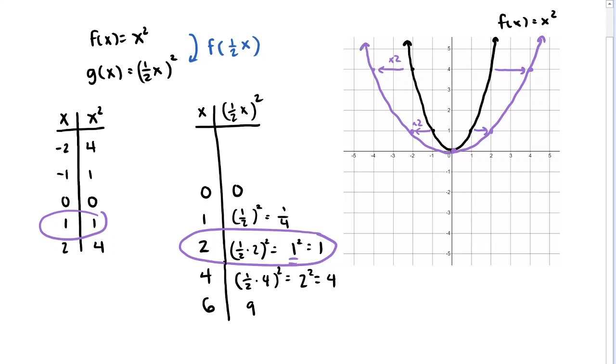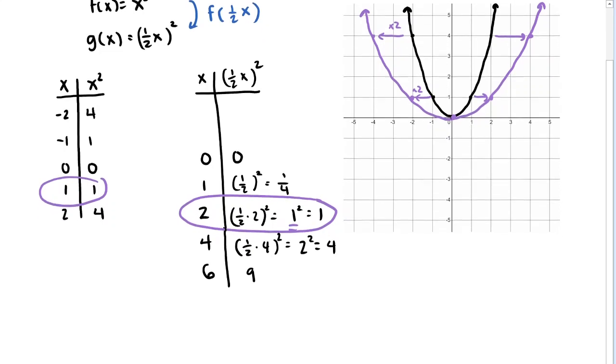And again, this transformation of our input, multiplying our input by this constant, kind of did the reverse of what we expected, like when we added or subtracted to the input of our function. Here, multiplying by this factor of 1/2 didn't shrink our graph horizontally, it actually stretched our graph horizontally.